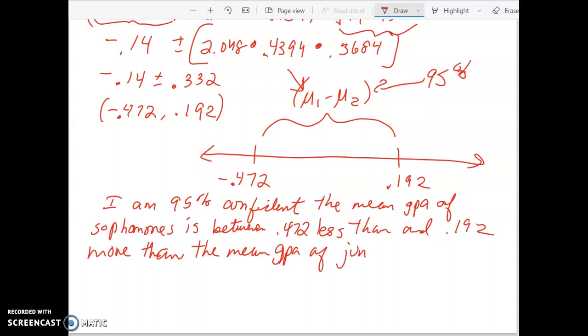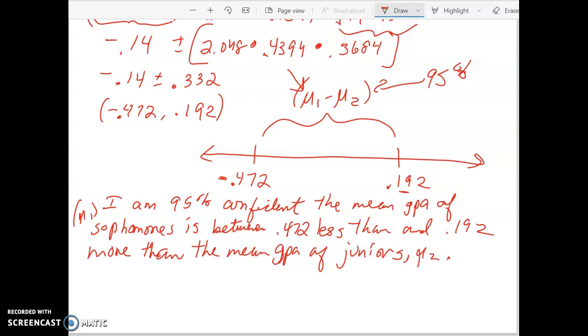Or you could talk about it as a difference too. I just thought it was a little easier to understand this way. So I'm 95% confident the mean GPA of sophomores, so this is mu1, is between 0.472 less than, that's the negative part, and 0.192 more than, that's the positive part, the mean GPA of juniors, which is the mu2.